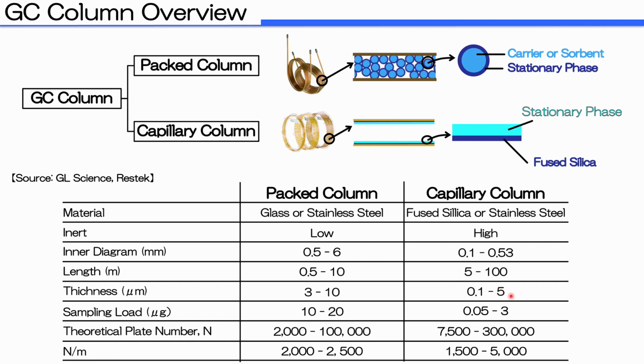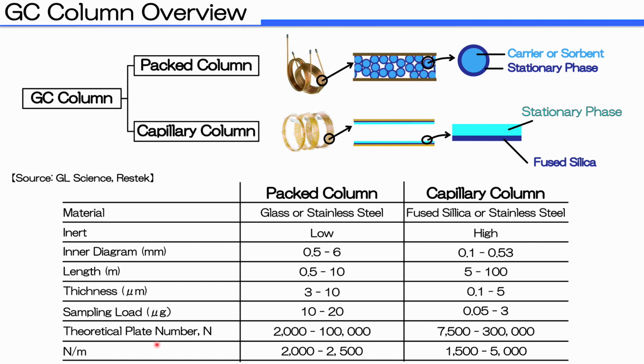The film thickness of the stationary phase is thinner for the capillary column, and the capillary column is thinner, so the sample load amount is smaller.